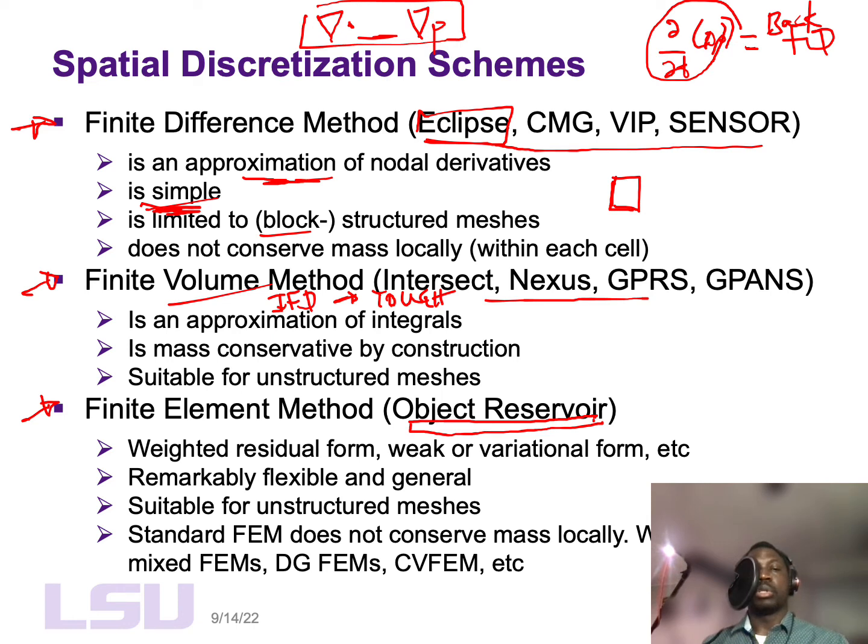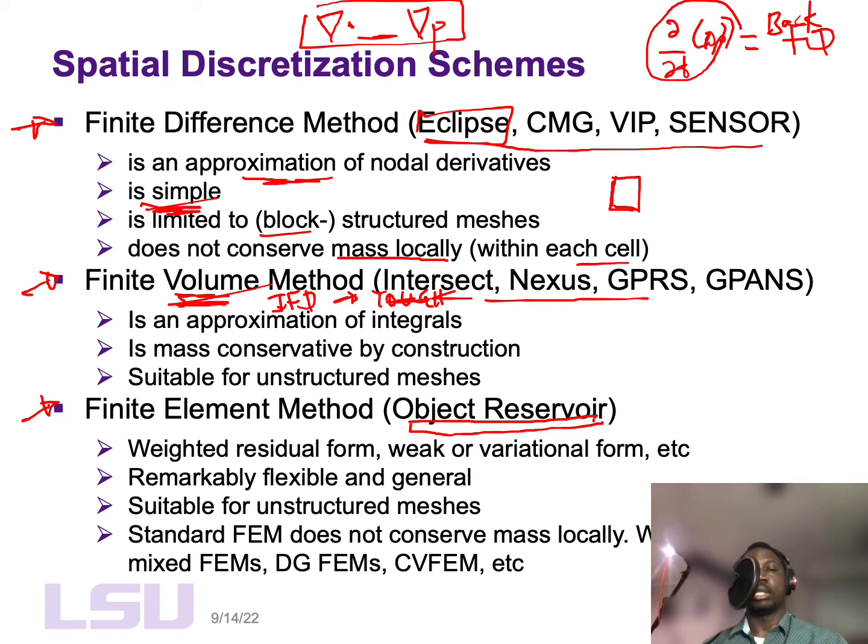It also does not conserve mass locally within each cell. It also doesn't conserve flux locally at the interfaces of the grid blocks. And that's why most software developers have moved on to finite volume methods.